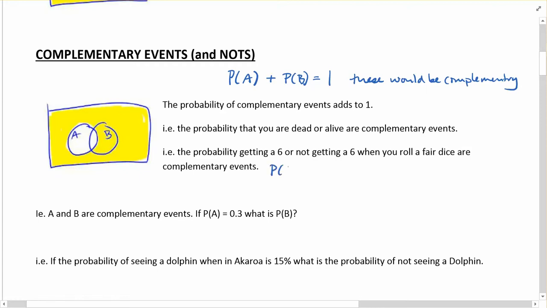The probability of getting a 6: on a 6-sided dice, there's one chance in 6 that you're going to get a 6, so it's 1 out of 6. And then we would write the probability of 6 not. This means not 6, so anything but a 6.